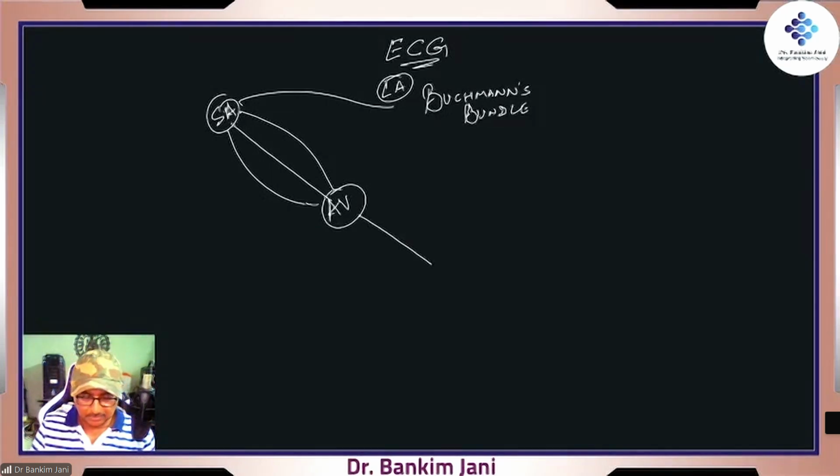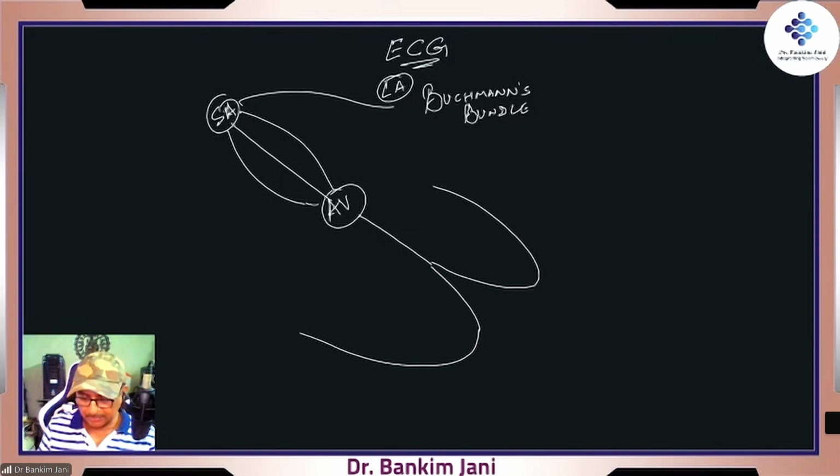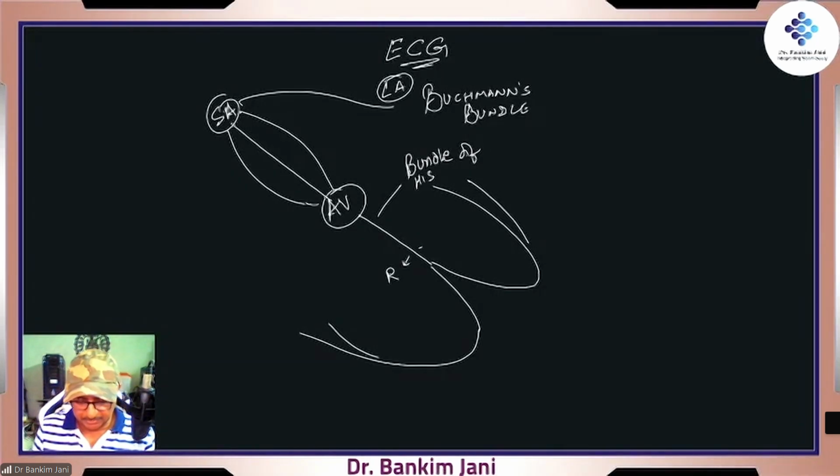And then there was the bundle of His, which was getting divided into 2 parts, and then it was going all the way to the right and the left ventricle, correct? So we had that bundle of His, which was dividing into the right bundle branch and the left bundle branch, and then there were Purkinje fibers.